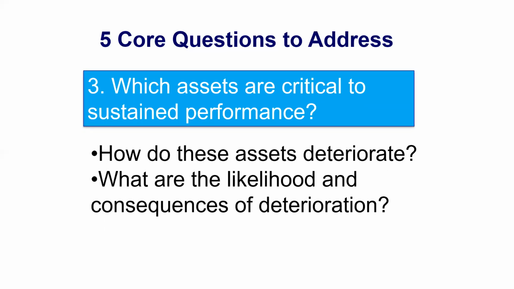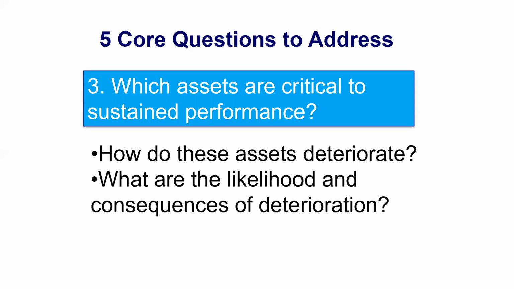The next question is, which assets are critical to sustain performance? And here we're looking at risk. We're trying to figure out which one of these is going to deteriorate first. And when it does deteriorate, if I don't get to it in time with my limited maintenance budget and it fails, what are going to be the consequences of that failure?